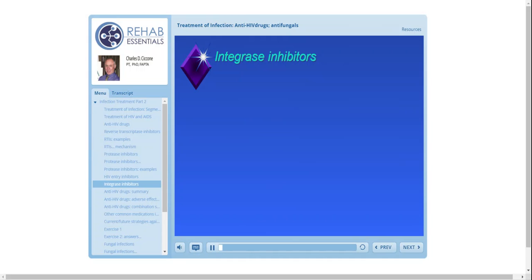And finally, the integrase inhibitors. Integrase is another enzyme that HIV uses to splice its genetic material into the host cell chromosome. You saw that originally on one of the earlier slides, where after the virus creates its own genetic DNA, it hardwires that DNA into the host cell chromosome.